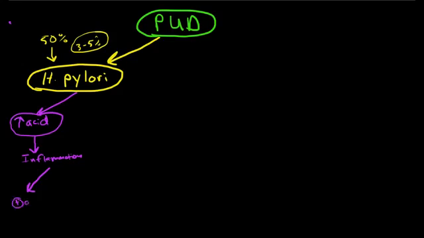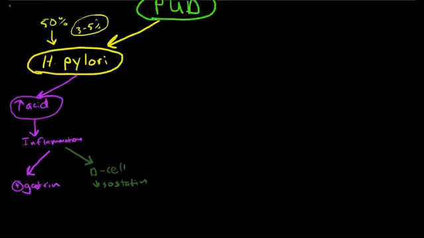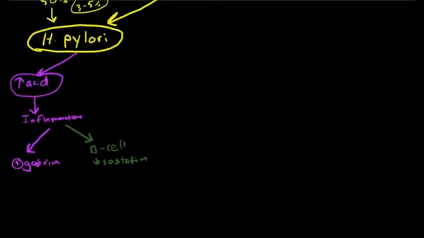So we end up with gastrin, more gastrin, and suppression and actually destruction of the delta cells. So we end up with less somatostatin. And these two things work together to produce more acid.